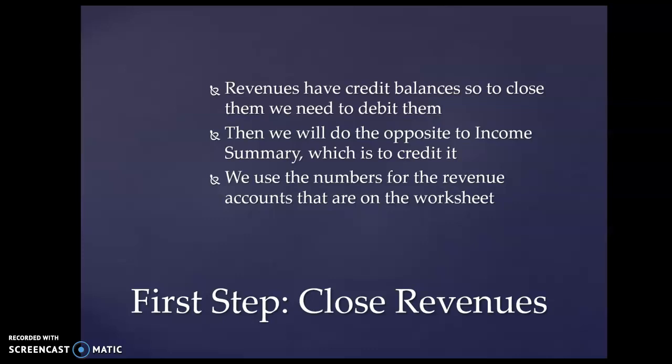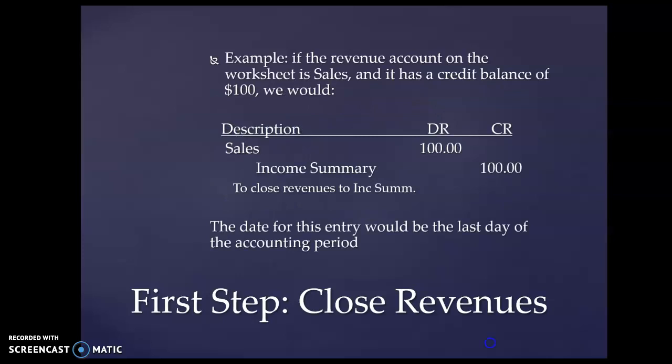Well, of course, they would be in the general ledger, assuming everything, including any adjustments, has already been posted. Everything has to have been posted before we start this closing process. So we could do it straight from the ledger and take the numbers from there. If we have a worksheet, it makes it that much easier to use the worksheet.